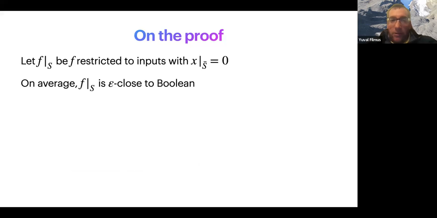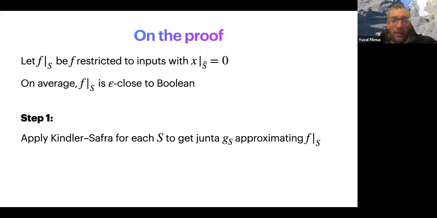Okay, and why is this useful? So here's what the proof is going to look like. I apply the standard Kindler-Safra theorem for each of these restrictions to get a Junta approximation for f restricted to S. The Kindler-Safra theorem for constant p, in this case p equal to 1/2, approximates each of these functions by some Boolean degree d function, which is a Junta. So I get all of these Juntas g_S.